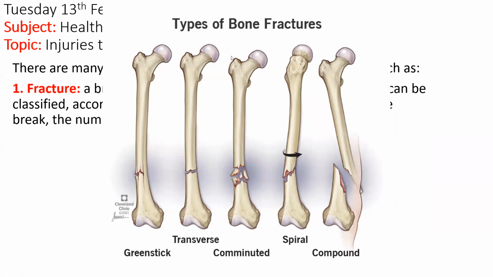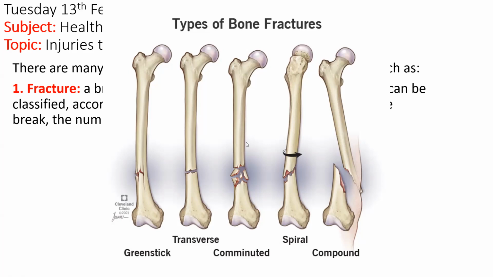Which one would you rather have? The green stick, the transverse, the comminuted, the spiral, or the compound? Green stick. None, actually. But if you had to choose, green stick looks less painful.